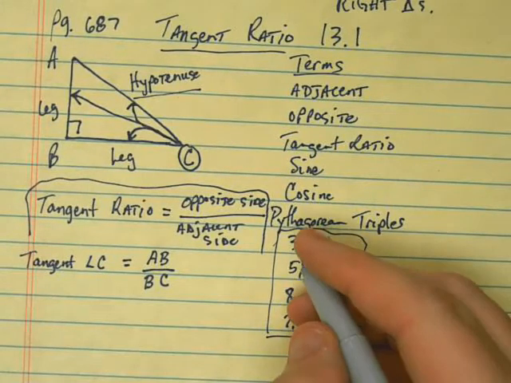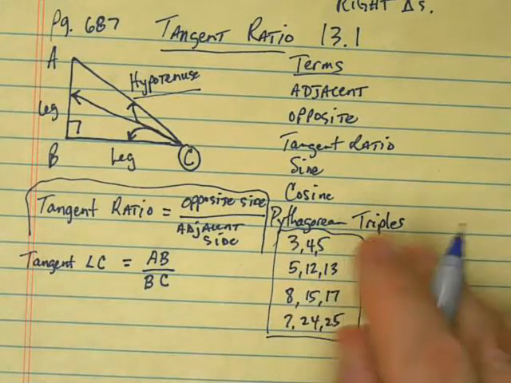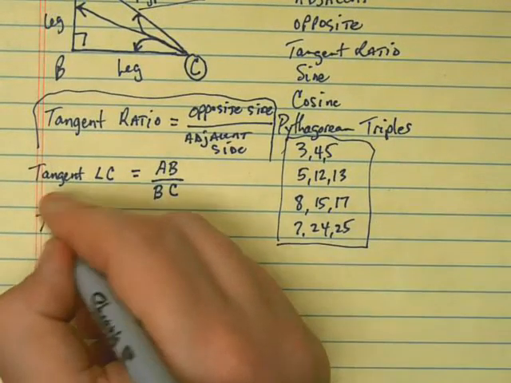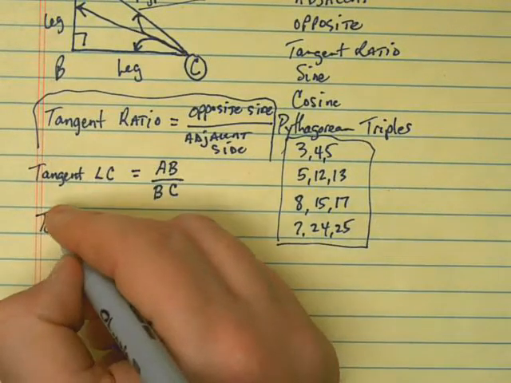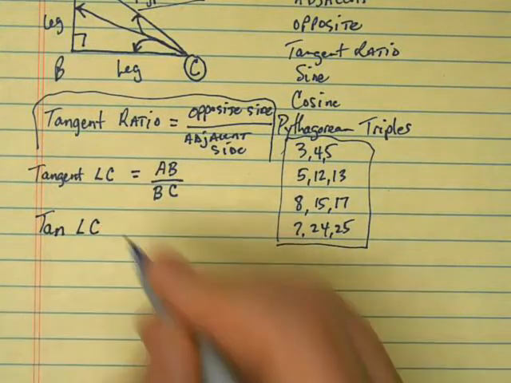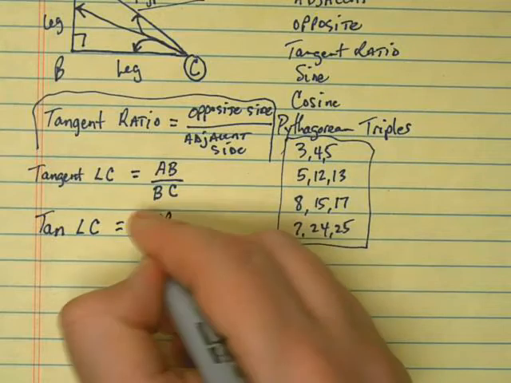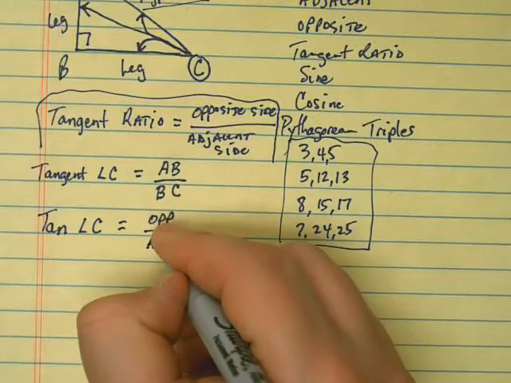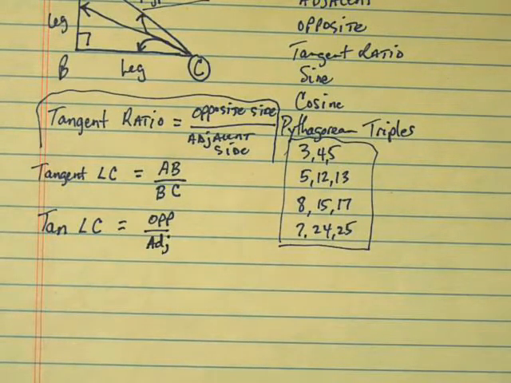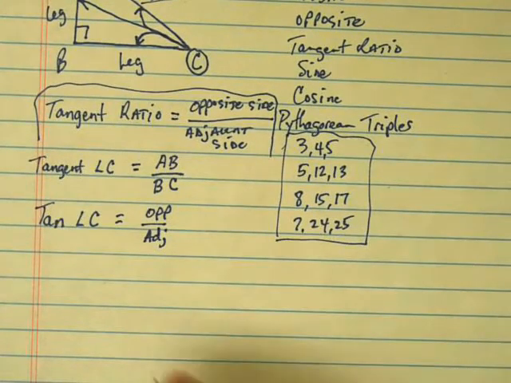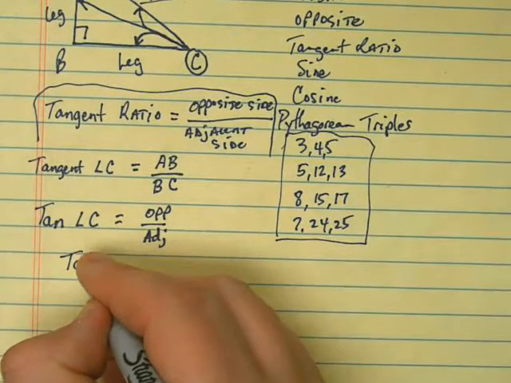Now, tangent of angle C is AB over BC. Let's take a look at what this would look like if I abbreviate it. Tangent of angle C would be like that. Opposite over adjacent. Tangent.